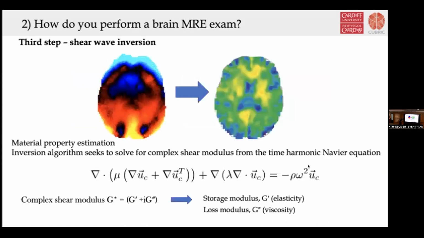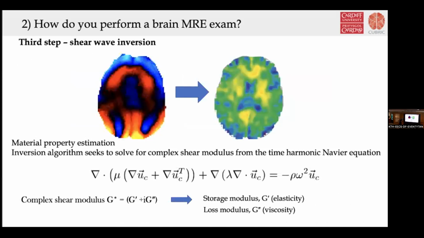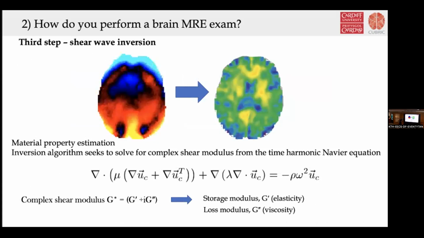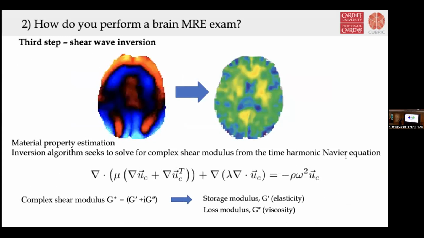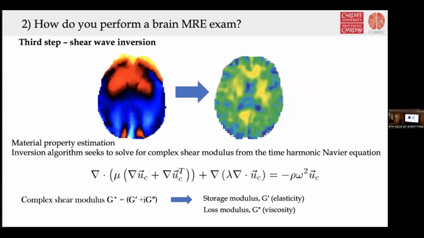The last step is the material property estimation, where we estimate mechanical properties from the displacement fields. The higher the underlying stiffness, the higher the speed, and the longer the wave at a given vibrational frequency. This is a process we call inversion, or using an inversion algorithm. Generally that's performing an estimate of the solution to the inverse problem from the time harmonic Navier equation, which is described here. There's a lot of assumptions that you make to reduce the complexity of that equation.